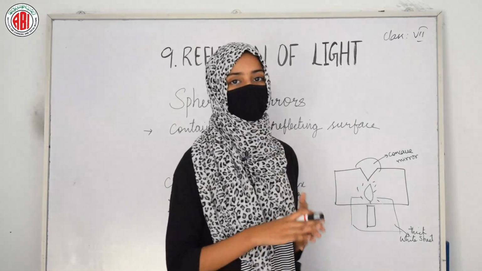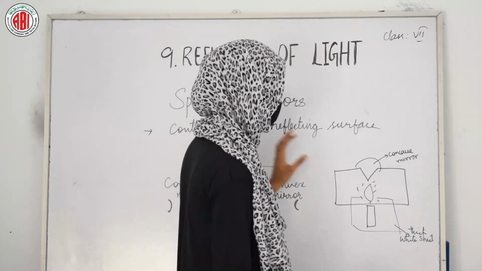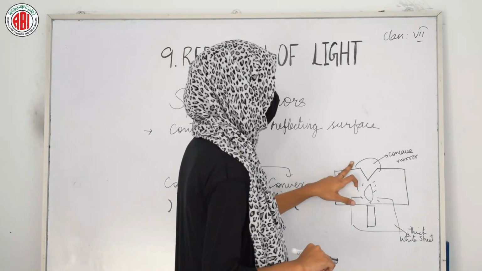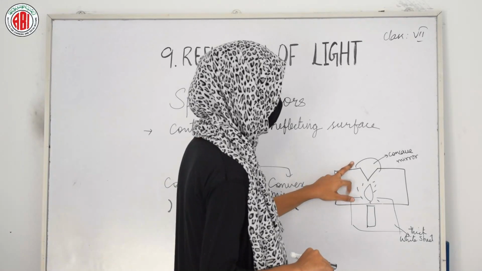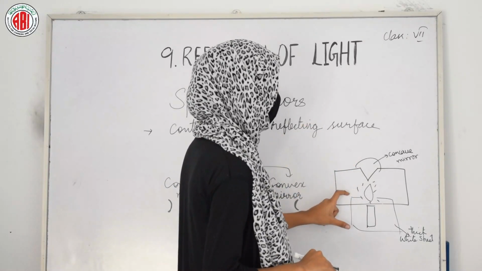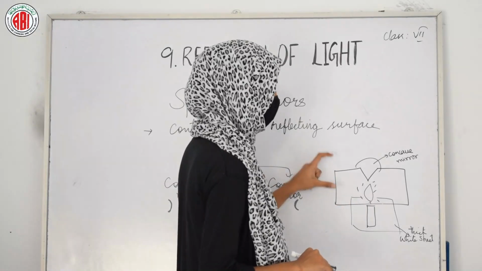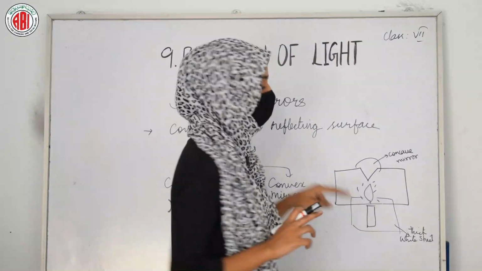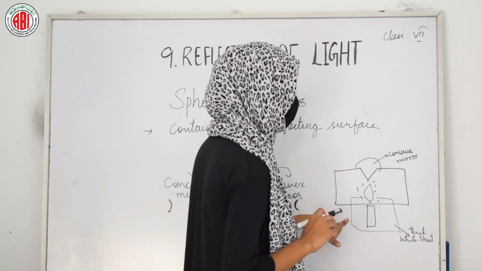Let us see how the images are formed by the mirror on the screen. So here we will take one V stand again, and in this V stand we will place a concave mirror. After placing the concave mirror in the V stand, take a lighted candle and place it in front of this mirror. Now take one thick white drawing sheet and place that sheet behind the candle.